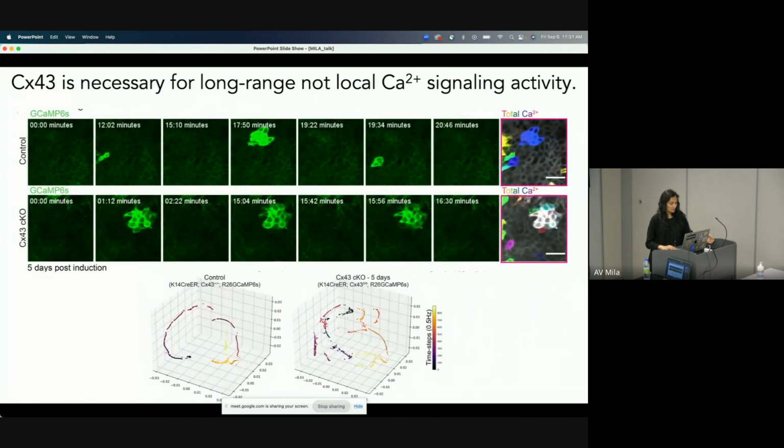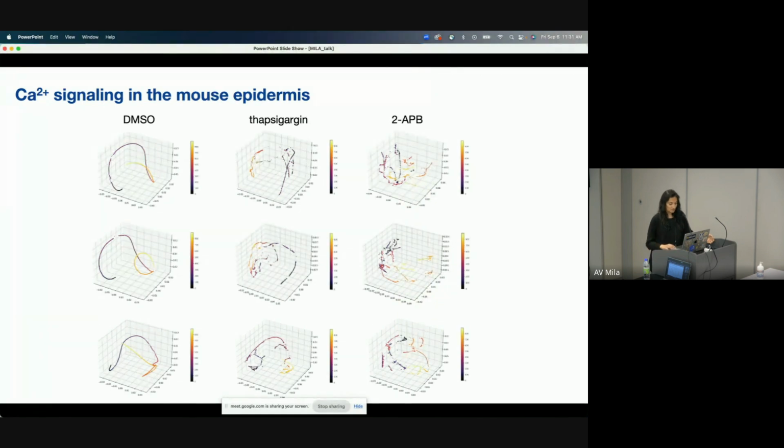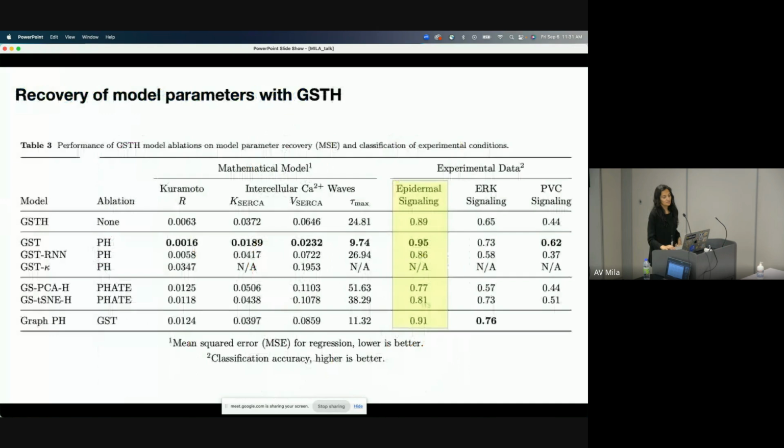And the most interesting thing is we were then able to try to mimic some of these calcium trajectories by taking calcium trajectory-based mathematical models and using our GSTH representation to generate parameters of these mathematical models. So we can use it to reverse engineer these trajectories and simulate more trajectories like this.